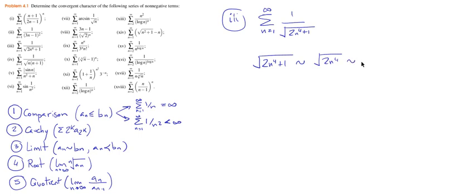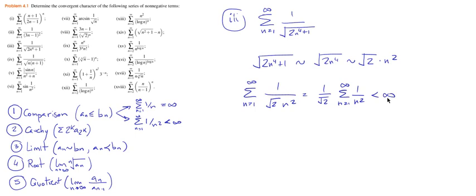But this is the same as square root of 2 times n squared, right? And again, we know that the series from n equals 1 to infinity of 1 over the square root of 2 times n squared is the same thing as this. And this is convergent, okay, smaller than infinity.